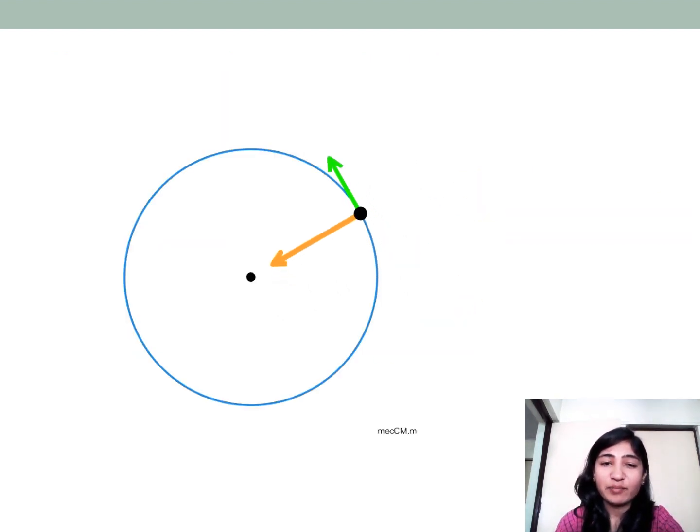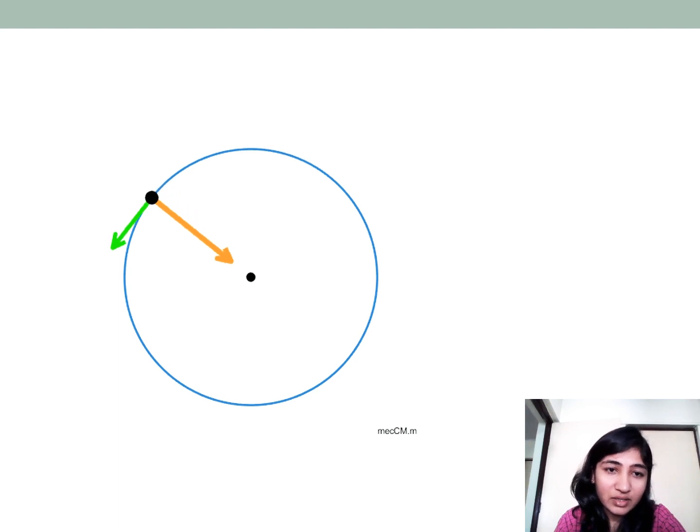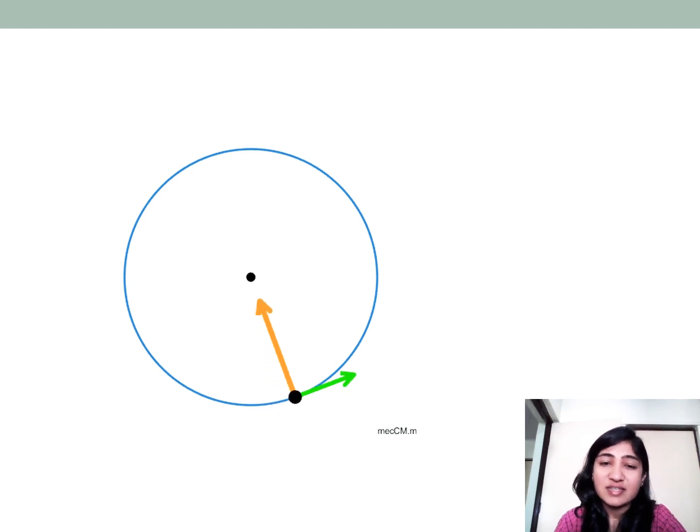Look at this diagram. This shows the object which is in the circular motion and its velocity at the instant. So the green arrow shows the direction of the object at any instant or any point, and this orange arrow shows the direction of the force applied by that person, which is towards the center.